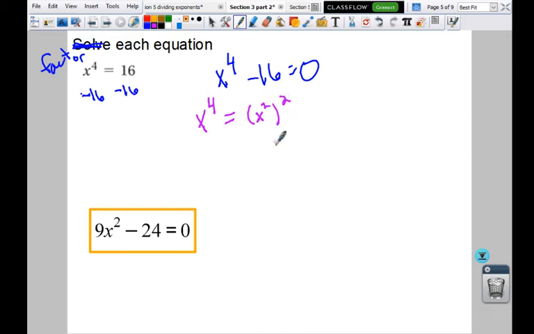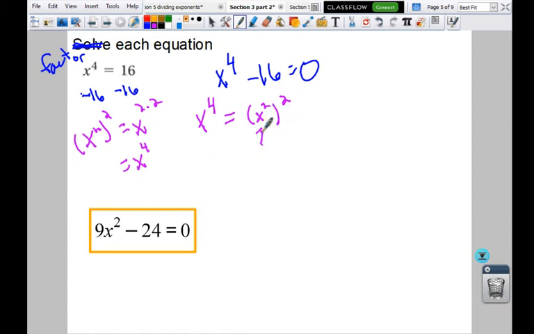X squared, squared. You think back to when you were a freshman, you multiply the exponents when they're outside parentheses. X squared squared is x to the 2 times 2, which is x to the 4. So I split this up to be an x squared squared.